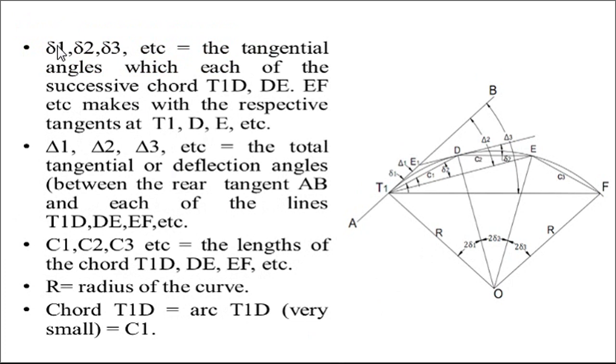Let small delta 1, delta 2, delta 3 be the deflection angles which each of the successive chords, that is T1D, DE, EF, makes with the respective tangents at T1, at D and at E. See in this figure, this is delta 1: the angle made by the tangent BT1 with the first chord T1D.